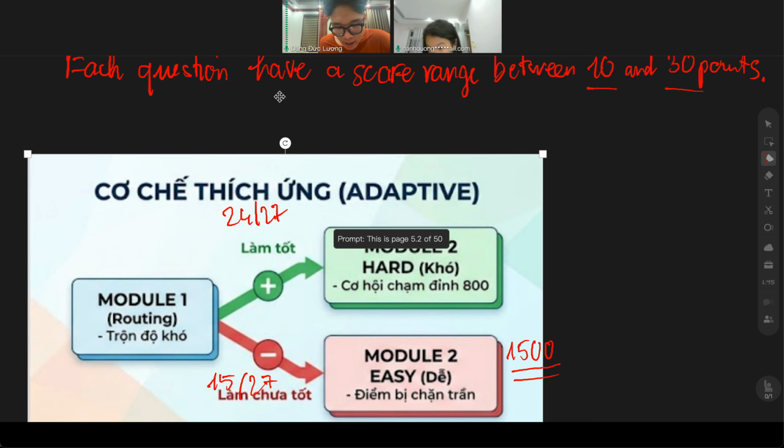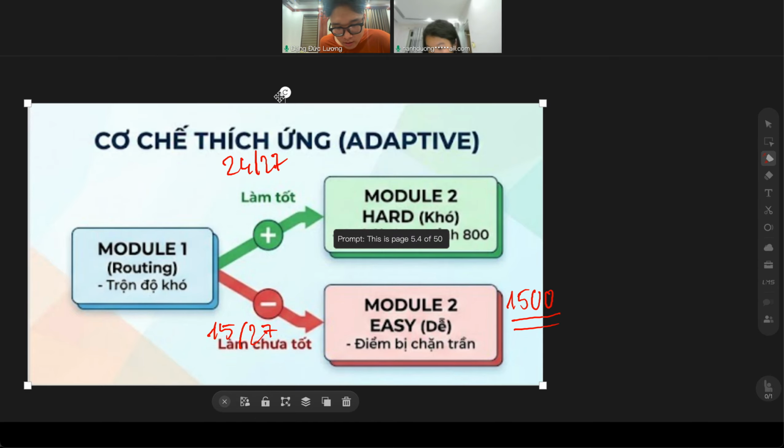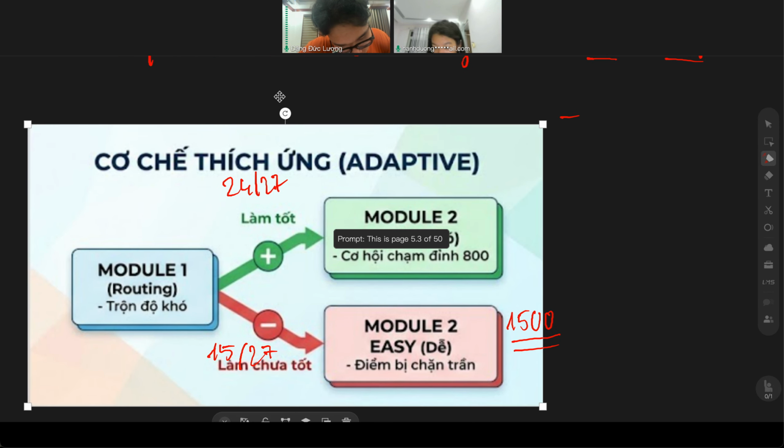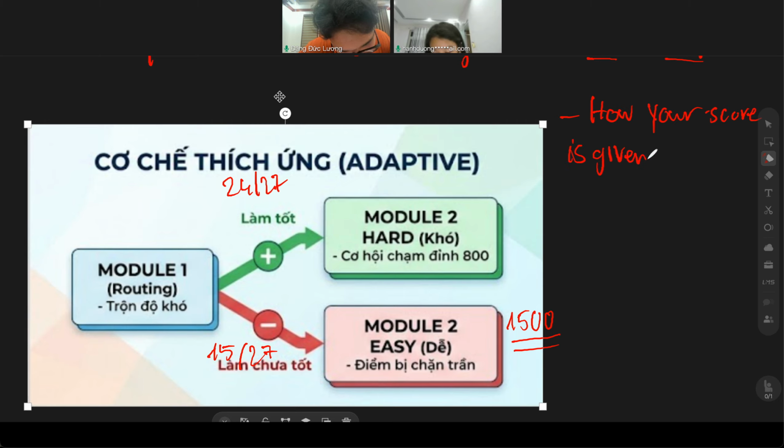And I have to say that the way your score is given, right? How your score is given. Your performance will be based on others.